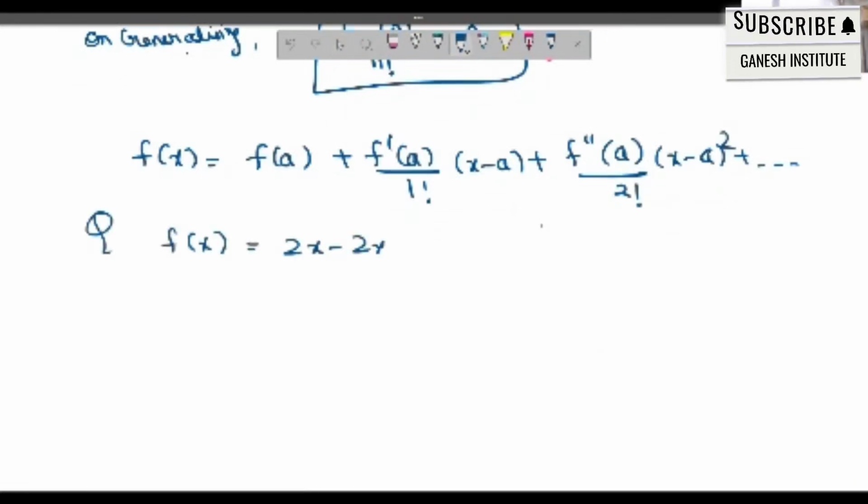This is the function, and here the expansion from which you have to start is minus 3. Find the expansion for this function.